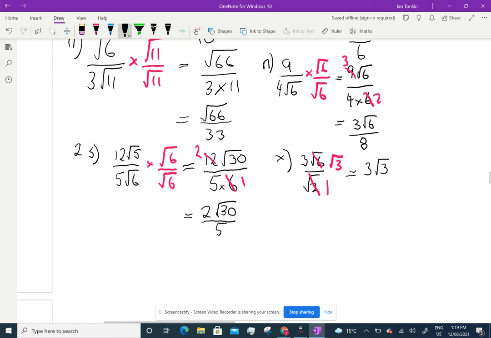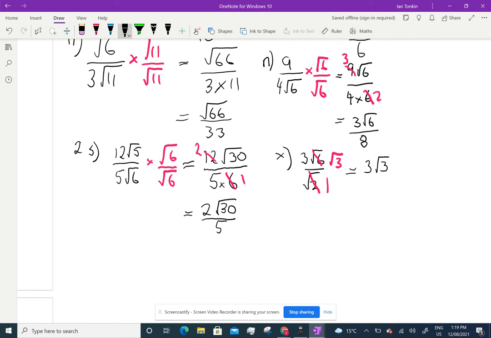Now watch what would have happened if I had done that by rationalising. 3 root 6 on root 2. I'm going to multiply by root 2 on root 2. You watch how complicated this gets now. Root 2 times root 2 is 2. On the top, I get 3 root 12.